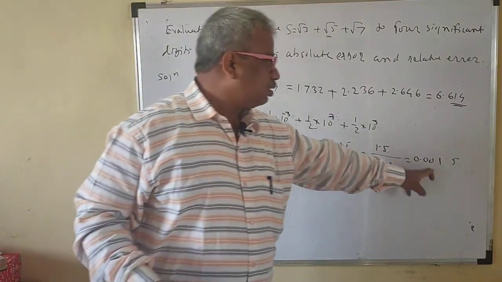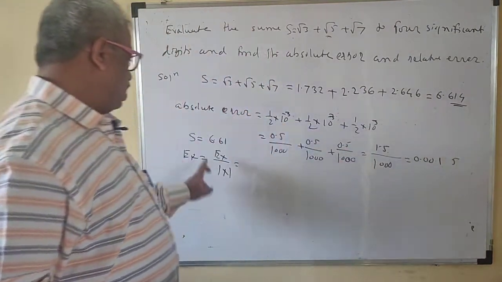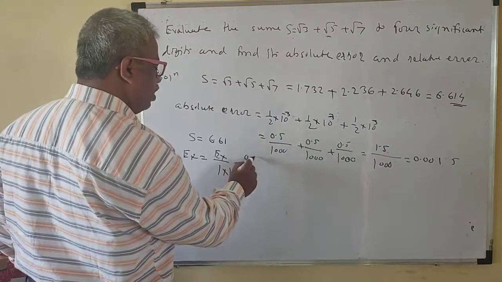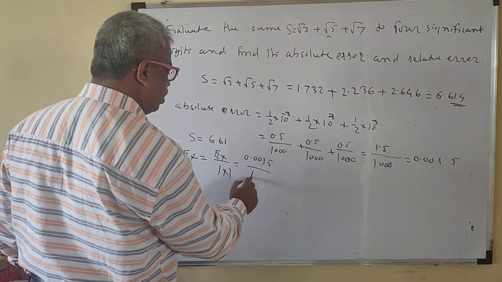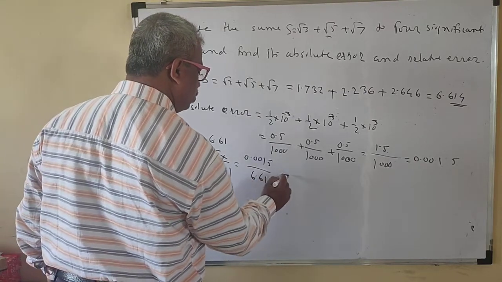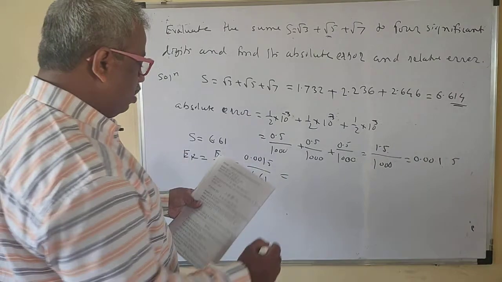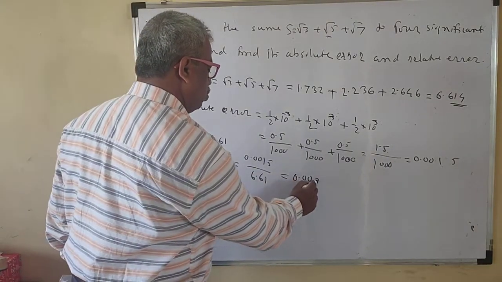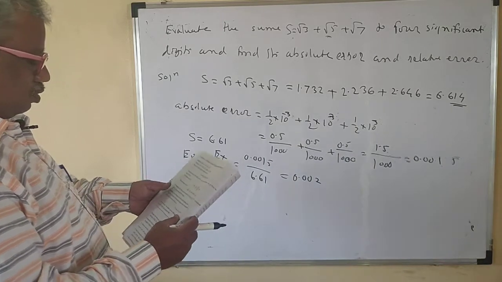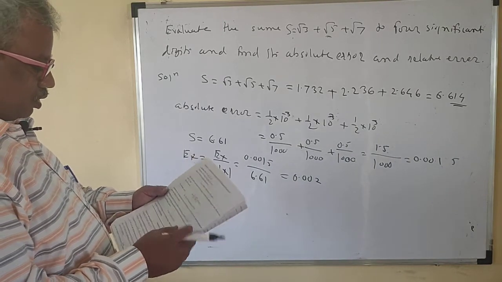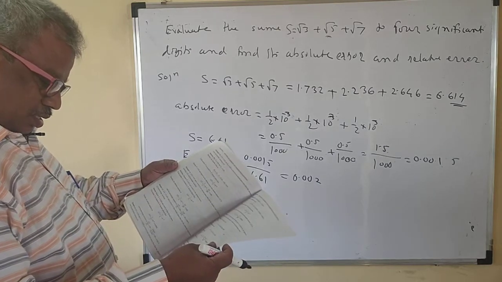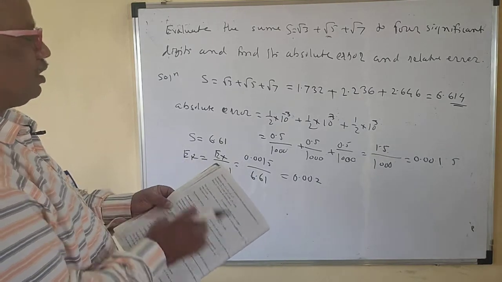So absolute error, just subtract this one. This will be 0.0015 upon 6.61, which is equal to 0.002. You wanted only absolute and relative error, so you got the relative error. In the question there is no percentage error, only relative error, not percentage error.